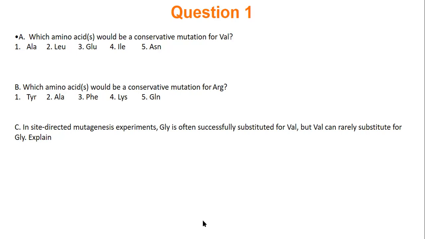I didn't make it multiple choice, so just pick one, but there are multiple answers that could be a conservative mutation for Val. For 2, which amino acid that I've shown there would be a conservative mutation for arginine? And C, we're going to skip due to time.